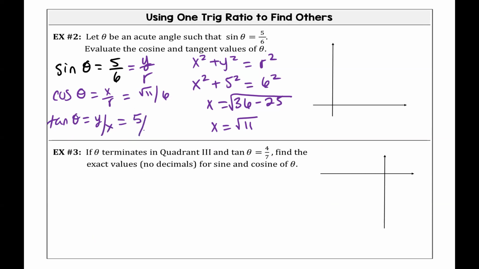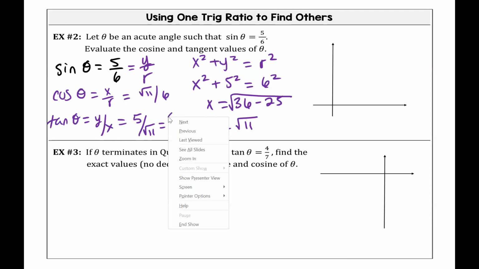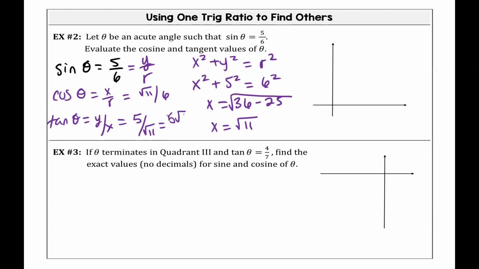And what is our x? And how do I rationalize that? Perfect. So we get 5 square root of 11 over 11. So my little sketch of this is I know it goes out square root of 11 and it goes up 5 and the radius is 6. So that would be my angle.